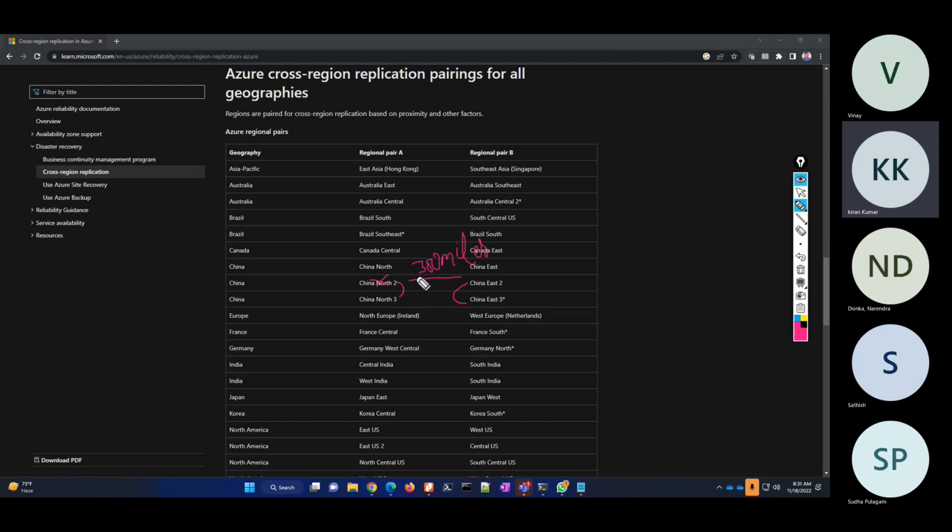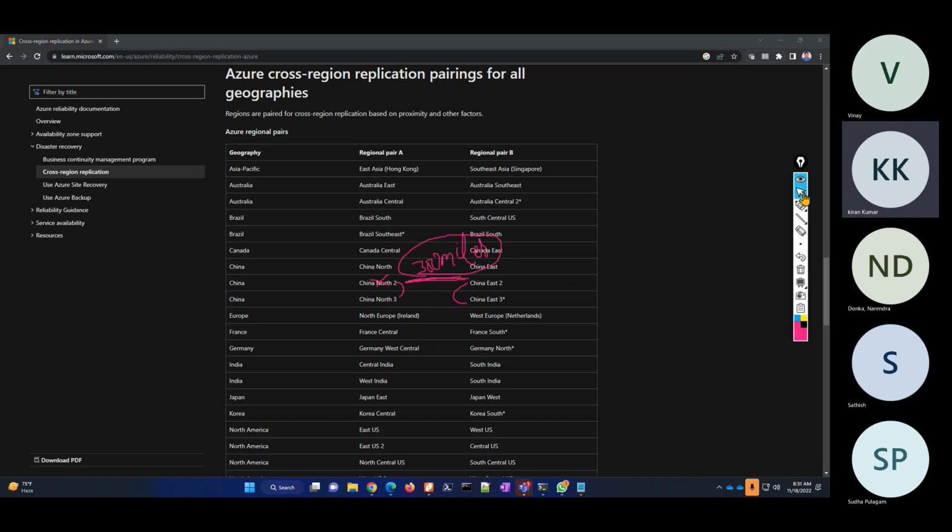That means they maintain 300 miles between the two paired regions. Why only 300 miles? Because replicating over a longer distance means more latency, it won't replicate properly, and you will get a lot of issues. They look at technical factors, proximity, and which is best, and they choose the region pair.